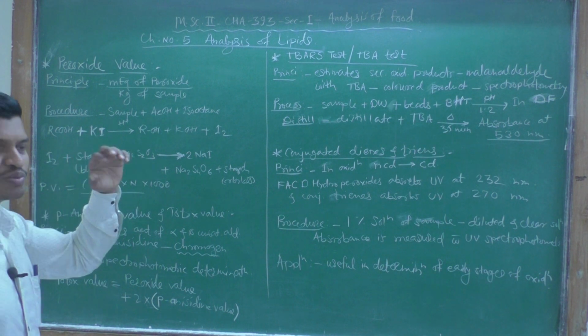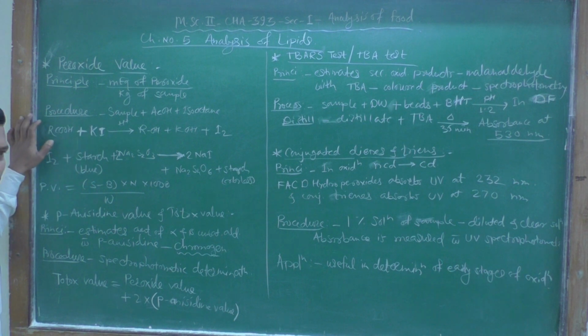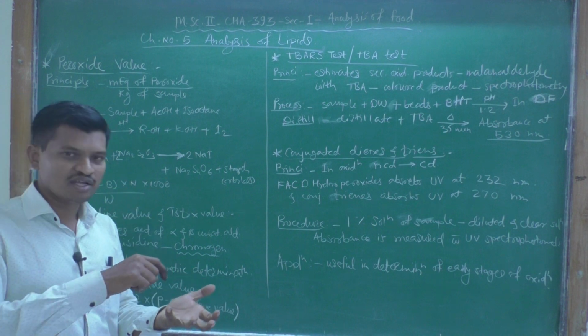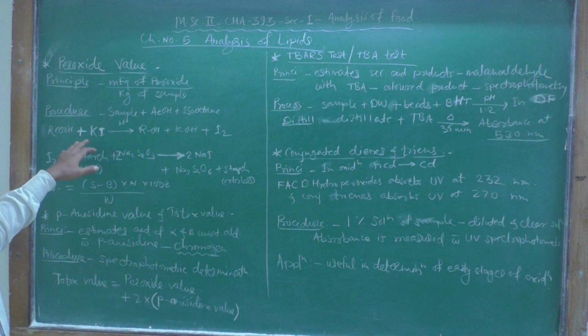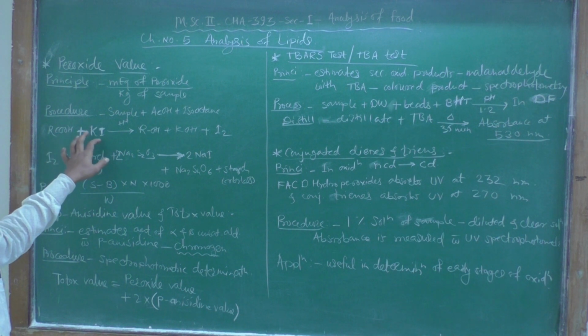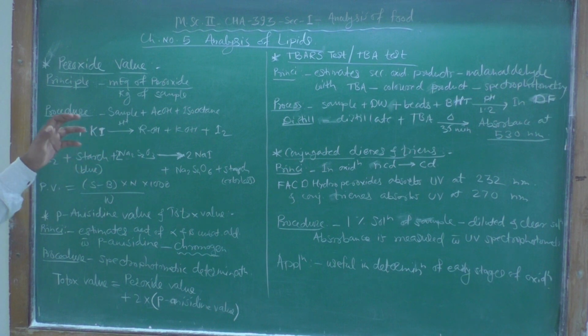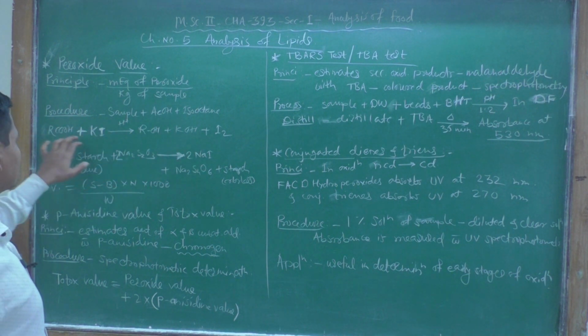So the next step is addition of potassium iodide, KI, to the lipid sample, in which we have taken acetic acid and isooctane. Then in this acidic condition, the reaction takes place.